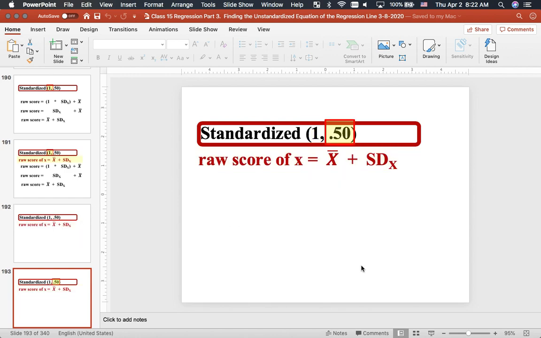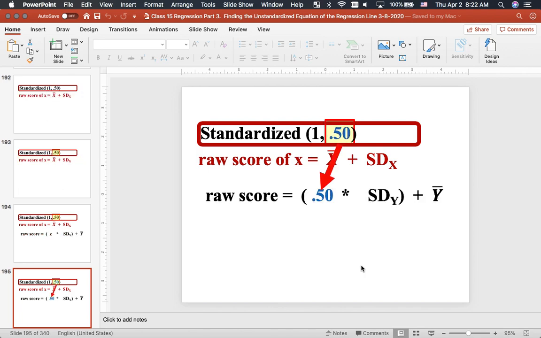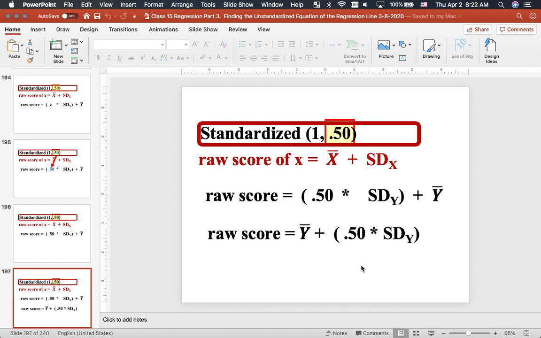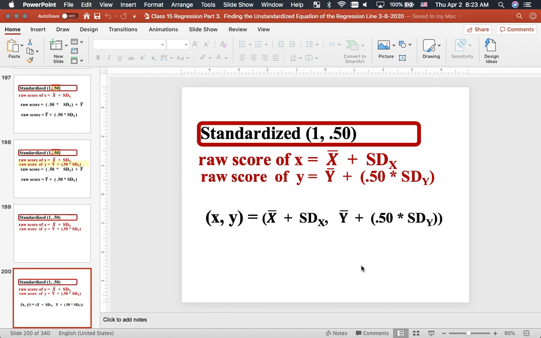Okay, what about the y value? So 0.5 times the SD of y plus the mean of y. So there we go. So if we actually did this right here, x, y equals the mean of x plus SD of x, comma, the mean of y plus 0.5 times the SD of y.